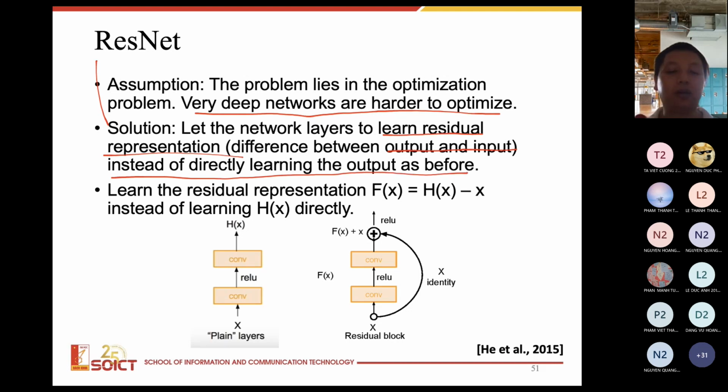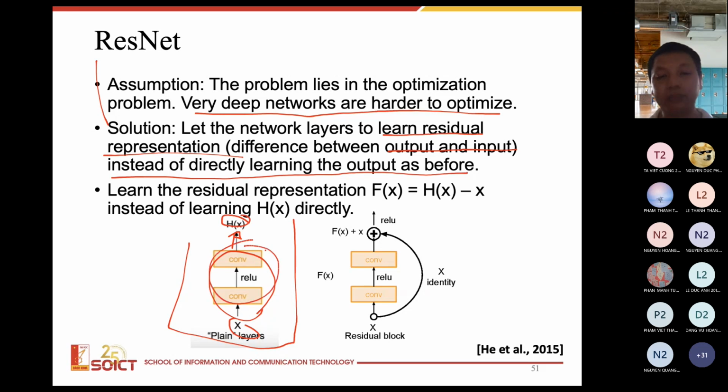In the normal case, you have the input, then a neural block, and then the output, so you want the model to learn the function of the output of the neural block.